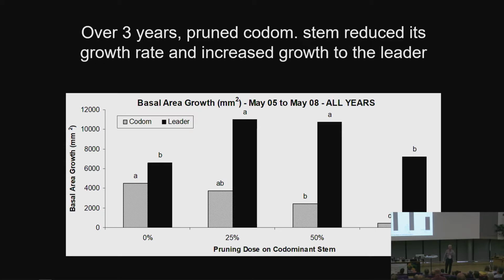We're taking away resources from the pruned side, not from the unpruned side, so the unpruned side responded by increasing its growth. But when we got to the 75%, we did not stimulate growth. Notice there's a letter B on top of each of those bars. We did not stimulate central leader growth when we took 75% off of the codominant stem.